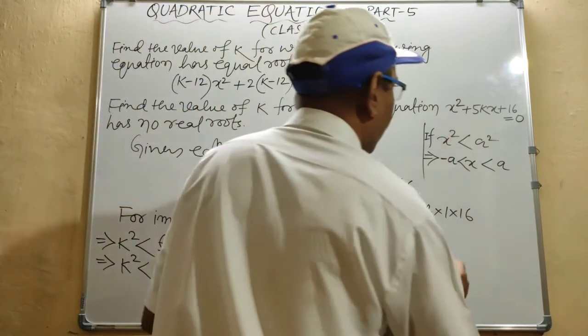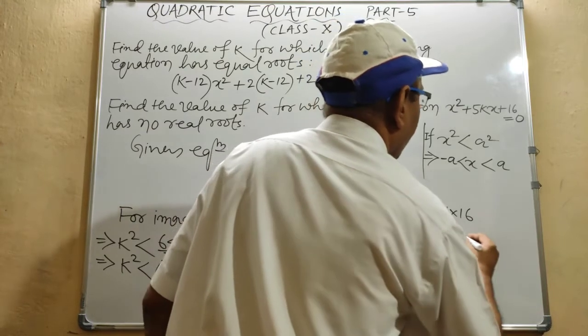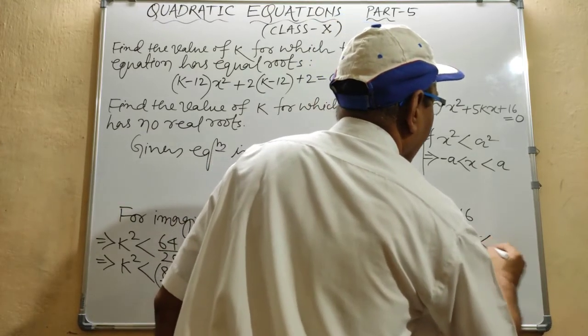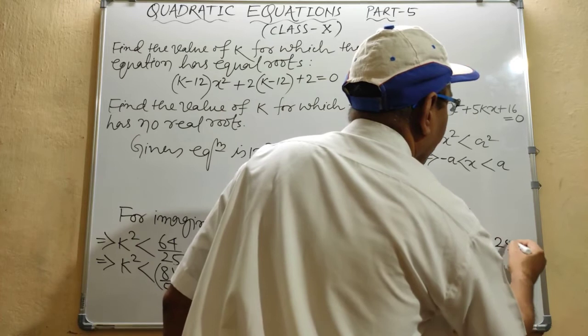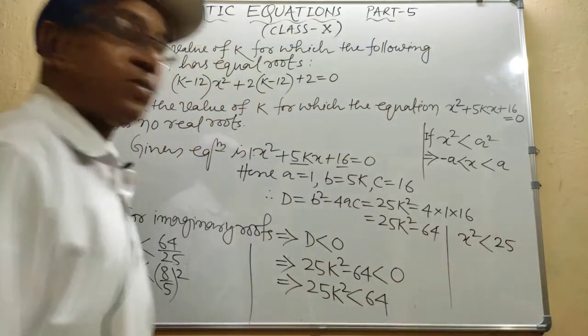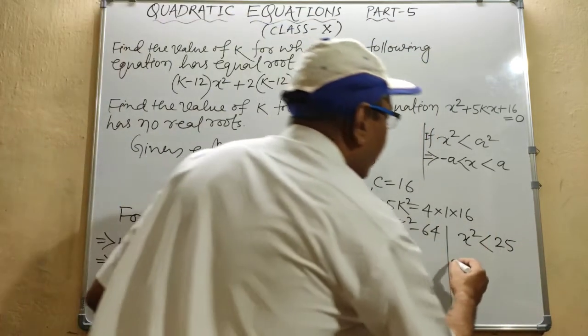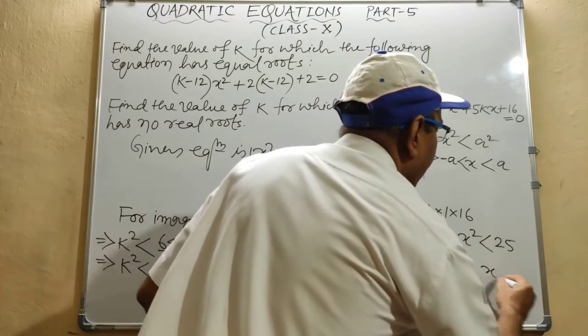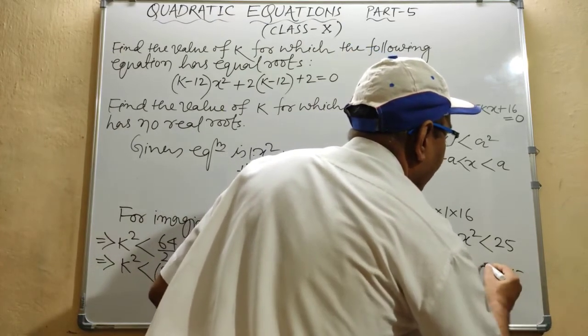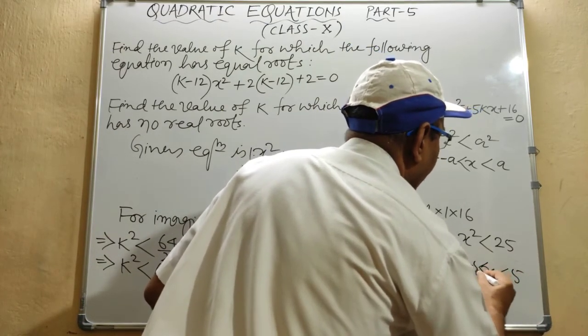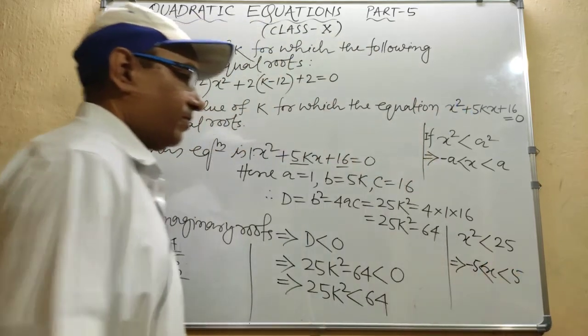Let us see an example here. If x square is less than 25, 25 means it is 5 square, then your x must be less than 5 and greater than minus 5.